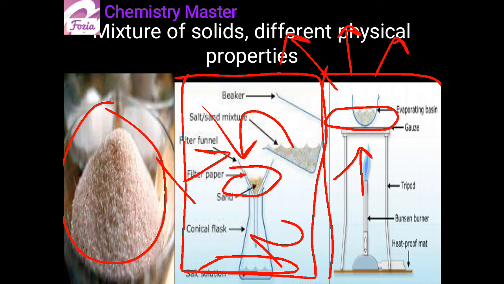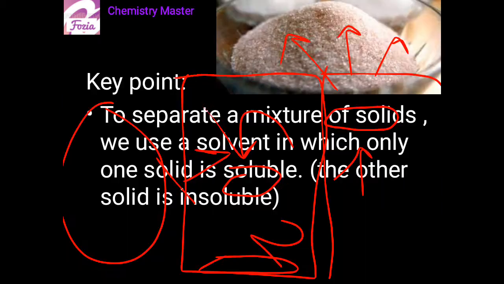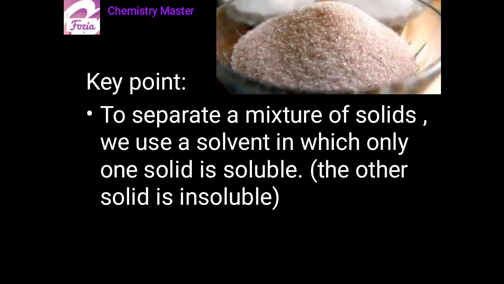So this is how we can separate solids on the basis of their physical property. Now what is the key point that you learnt? To separate a mixture of solids, we use a solvent in which one solid is soluble but the other is insoluble.